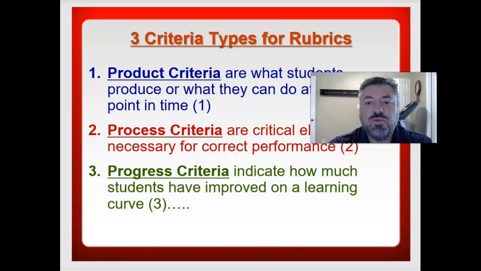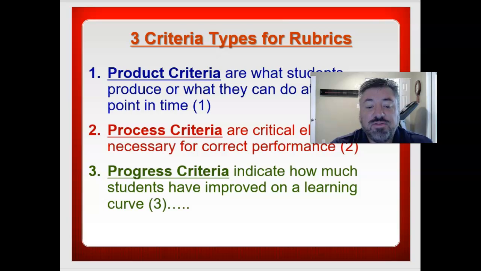As I said at the beginning, we're going to learn 3 criteria types for rubrics, right? These aren't the criteria on rubrics. These are the 3 types of rubrics, and it's based on the criteria, what you're actually trying to judge. Number 1 is your product criteria, or what students produce or what they can do right now or at a certain point in time.